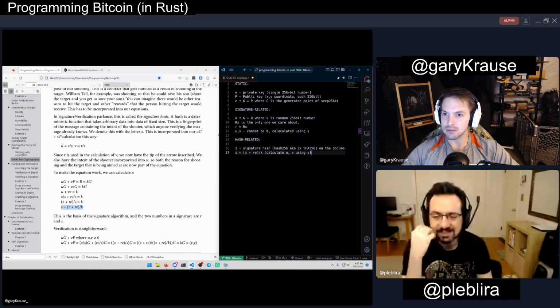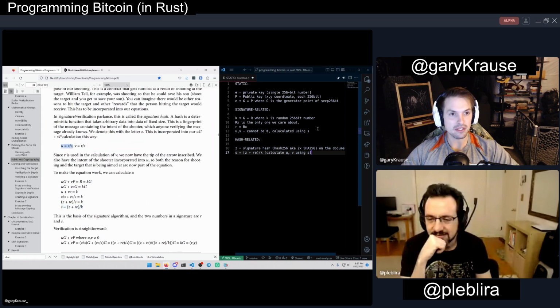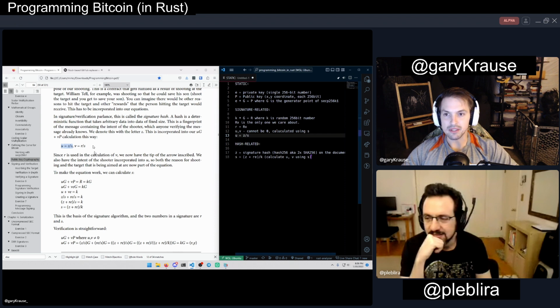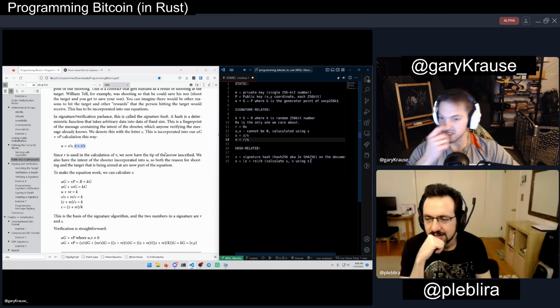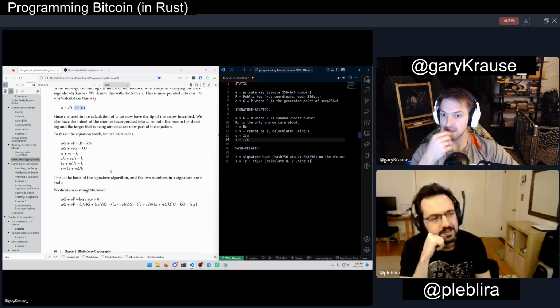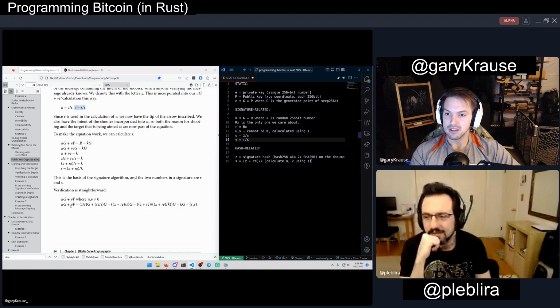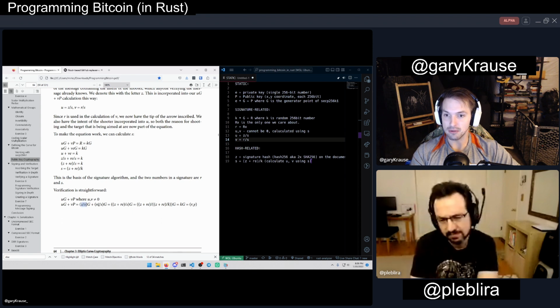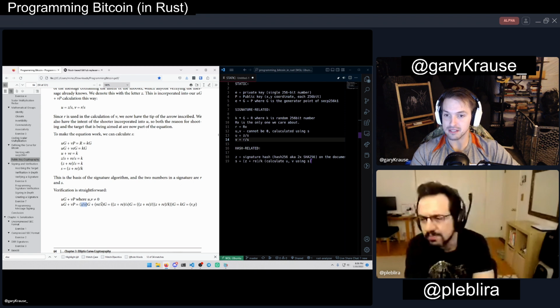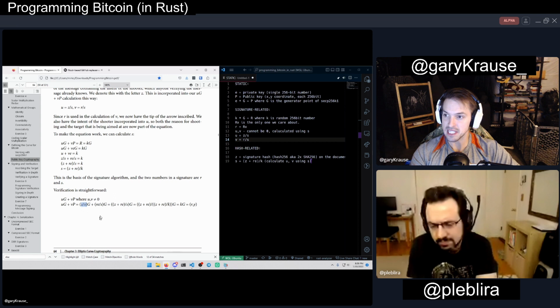Well, we should take these out and put these in our definitions here so we can reference them easier. Because in this verification part, we have UG plus VP, and if we substitute U, we get Z over S, and this substitutes V for R divided by S, but it also substitutes P where it's E times G, right?